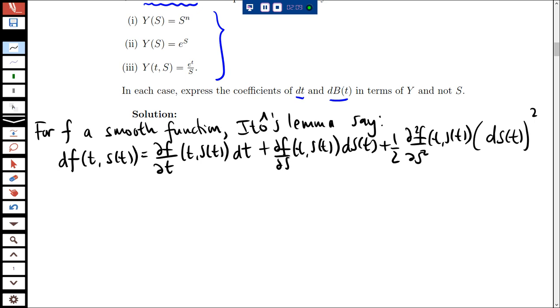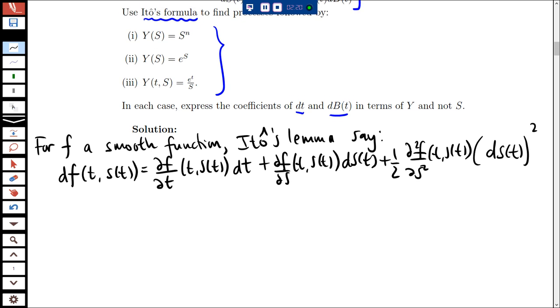Okay, so this is Ito's formula for a function depending on t and s, and f is assumed to be sufficiently smooth. I'm not going to go into those conditions. Let's just say it's smooth. This is given to us.